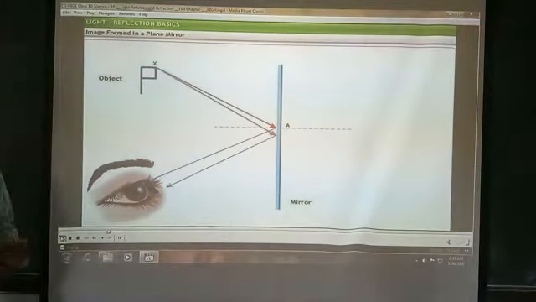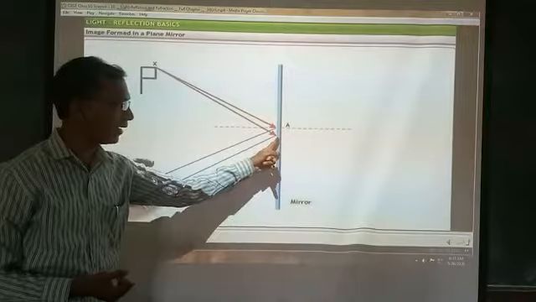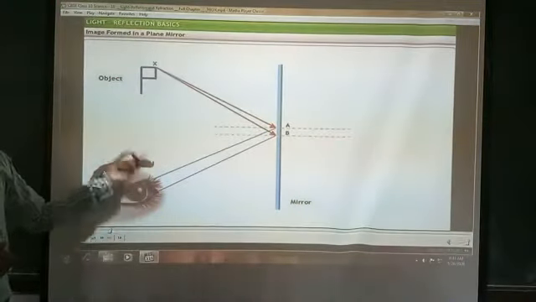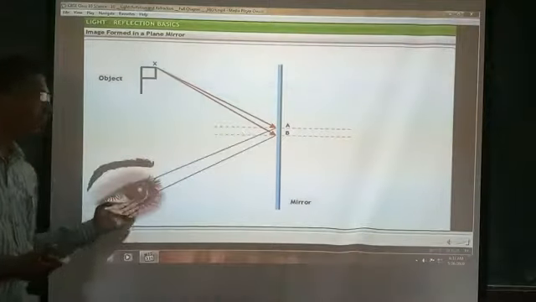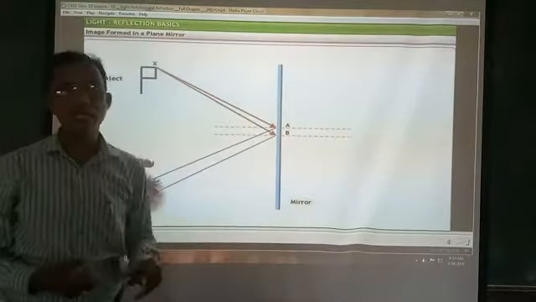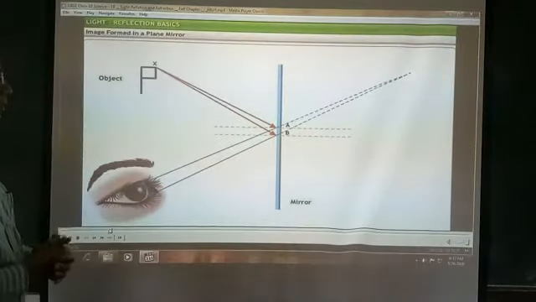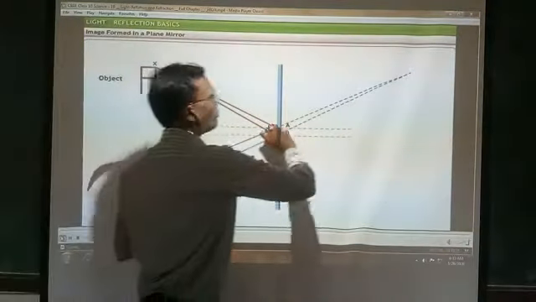Another incident ray is taken from the point X and reflected back to our eyes. The incident and reflected angles are both the same and obey the laws of reflection. Here we extend this into our eye.